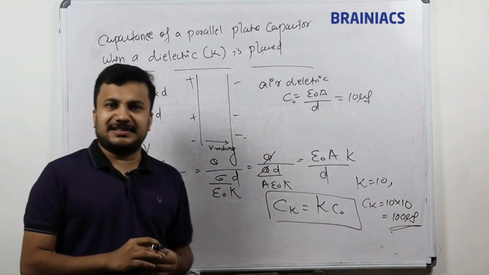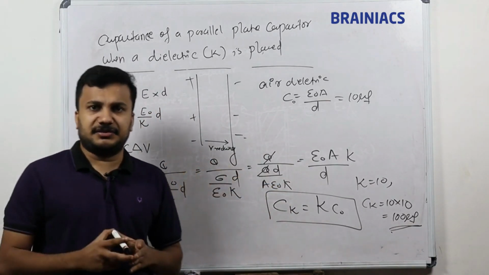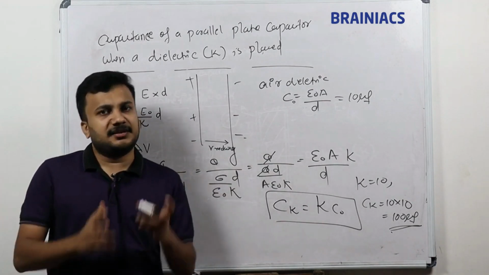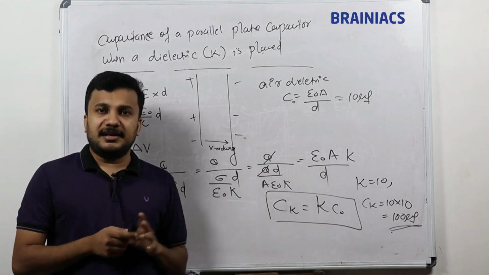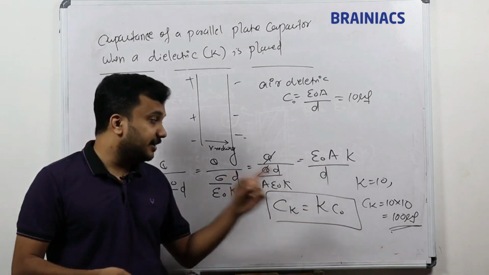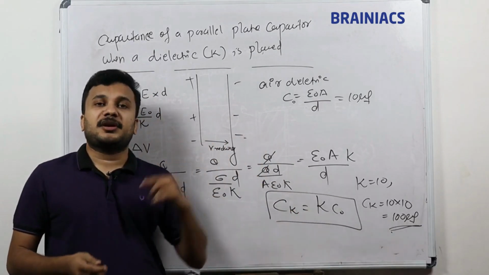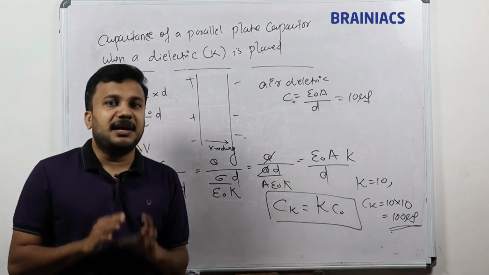What this means is that an air capacitor has a very small capacitance, but if you place a dielectric, your capacitance increases K times. This is the main property.